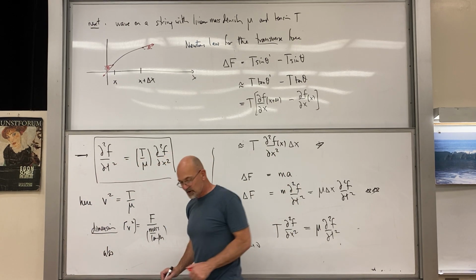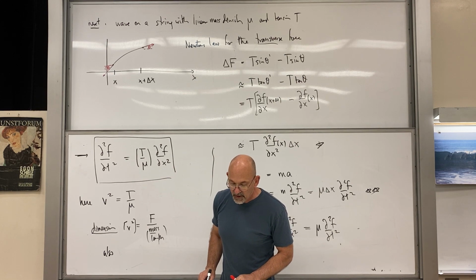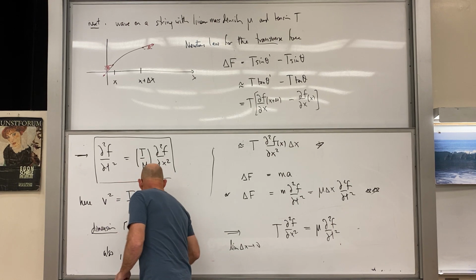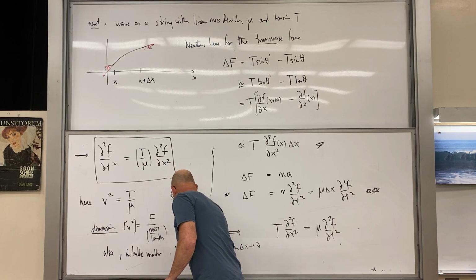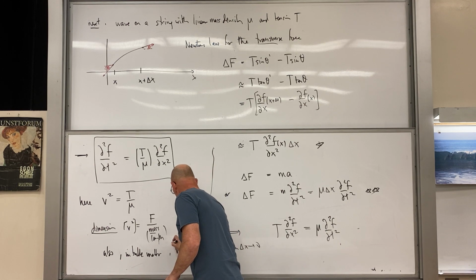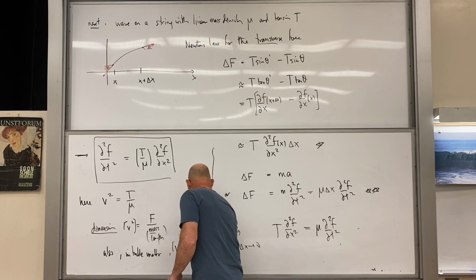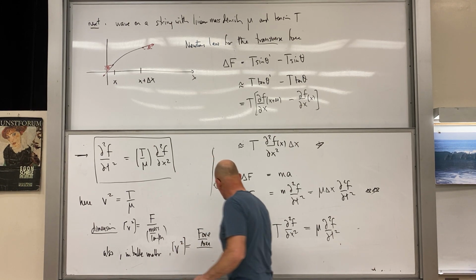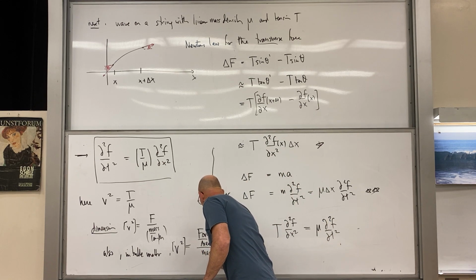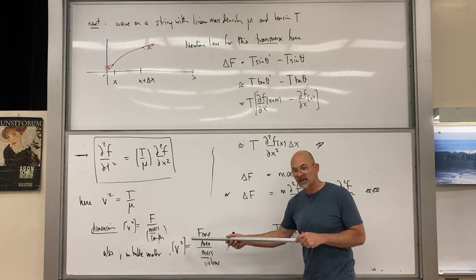Also, you'll have the case that we're not doing right now, but I should put it in here. In bulk matter, you will have v squared, and the dimensions I'll just put, so you'll have a force per area divided by a mass per volume. Okay, this is linear. You'll see dimensionally it's going to be the same thing.